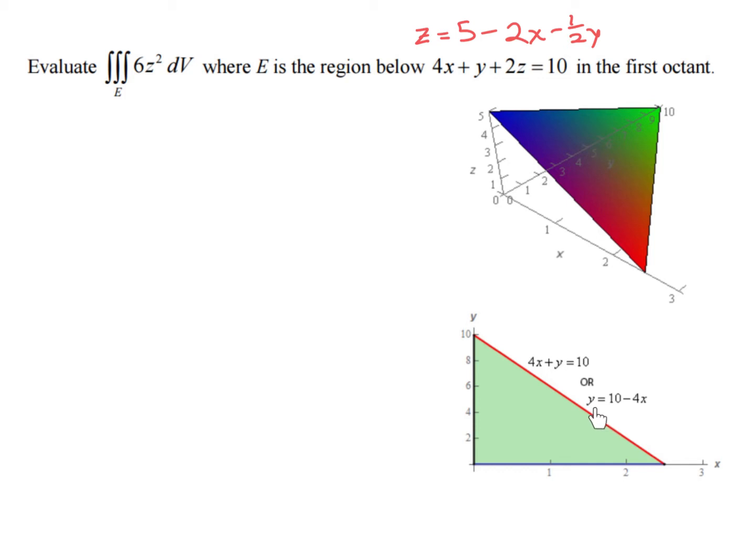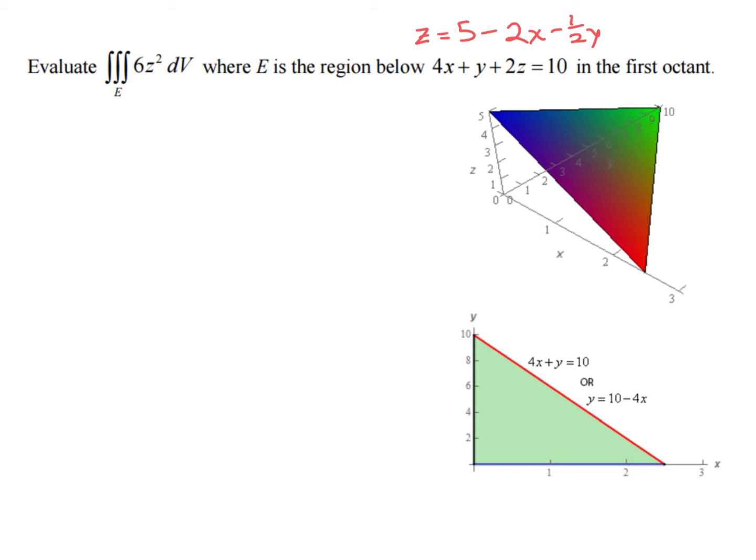I solved it for y, because I didn't want x equals 10 minus y over 4, which adds an ugliness I didn't find necessary. So y goes from 0 up to 10 minus 4x, and x goes from 0 out to 2.5, or 5 halves. That is going to be my integral.